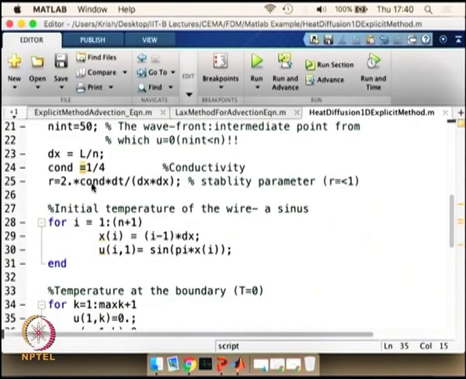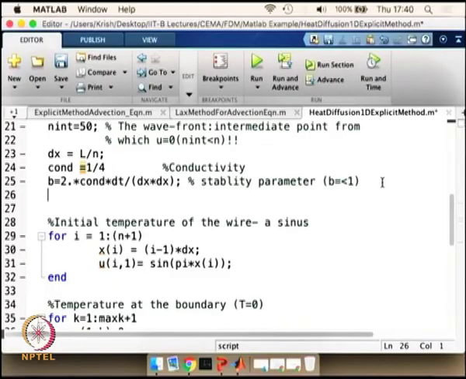So the reason why we have set it for R as 2 times d multiplied by delta t over dx square is for that reason. So maybe it might be helpful if we change this one into b and explain this in the comment so that you do not get confused. So we will keep this one as b and explain this in the comment.